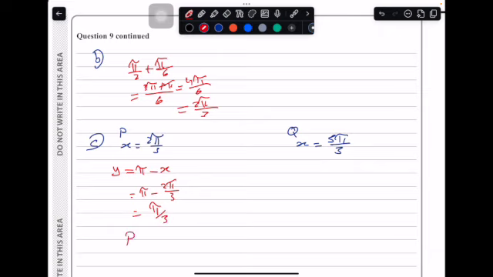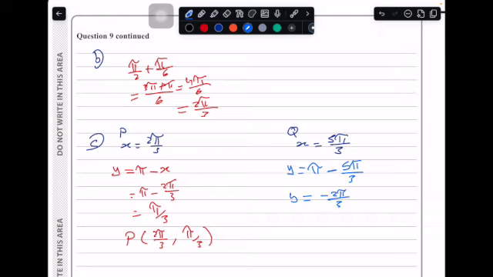So the point P has x equal to 2 pi over 3 and y equal to pi over 3. Going to Q, we have y equals pi minus 5 pi over 3. So y is equal to negative 2 pi over 3.